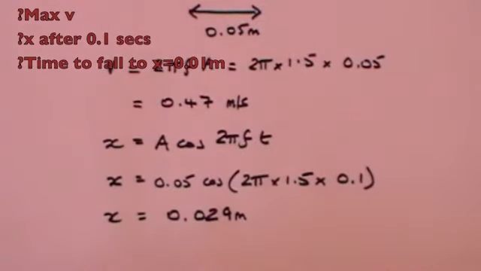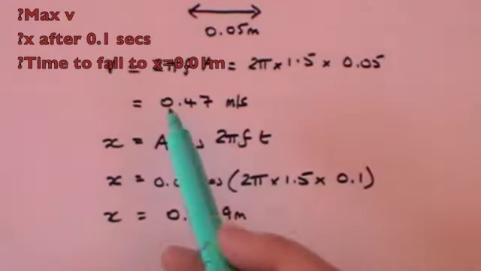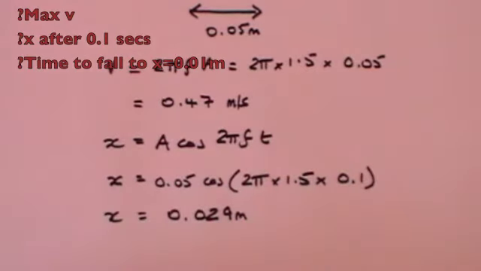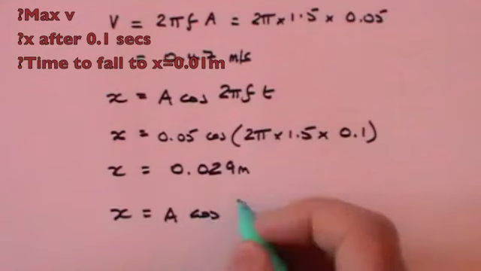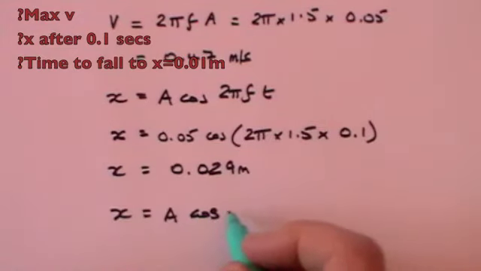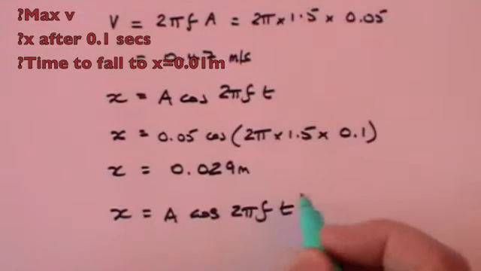And the third question we had to answer was how long does it take for the bob to fall to a position where it is only 0.01 meters from the midpoint? Well, once again, we can use this formula. Let's rewrite it. x is equal to the maximum amplitude times the cosine of omega t, which is 2 pi f times t.